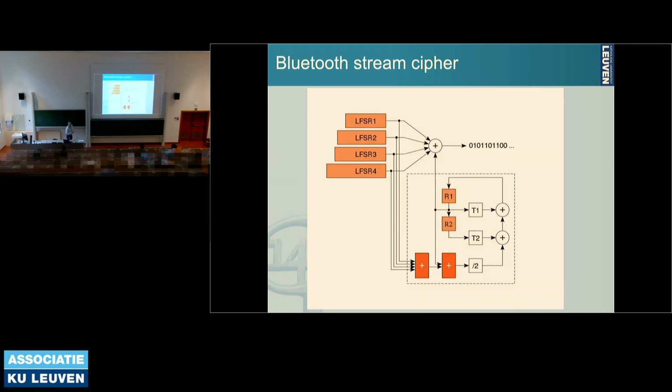So this is another example, the Bluetooth stream cipher E2. It has 4 LFSRs, which are now just shown as blocks here.